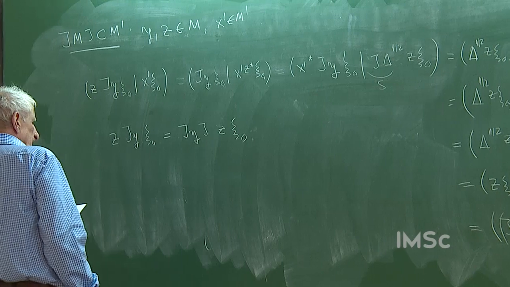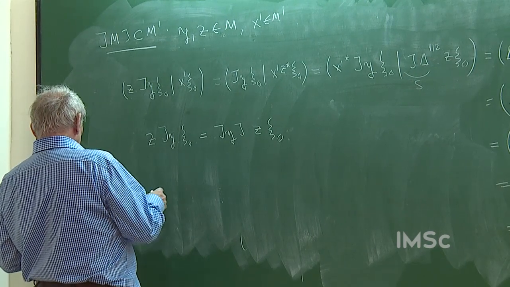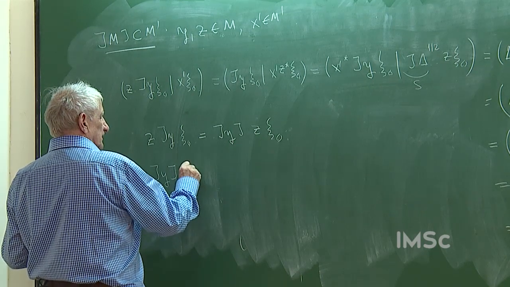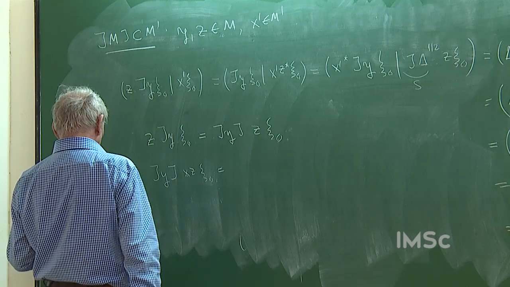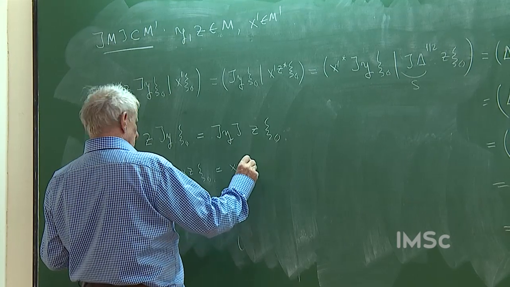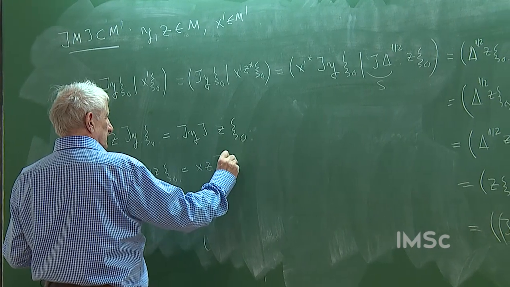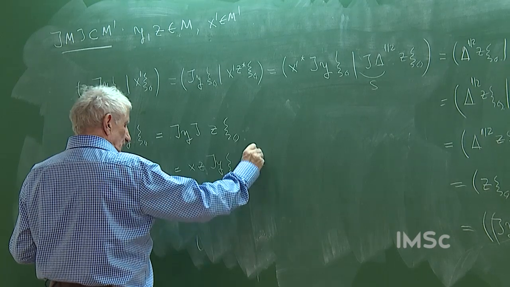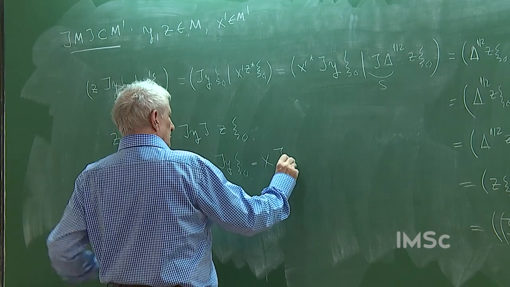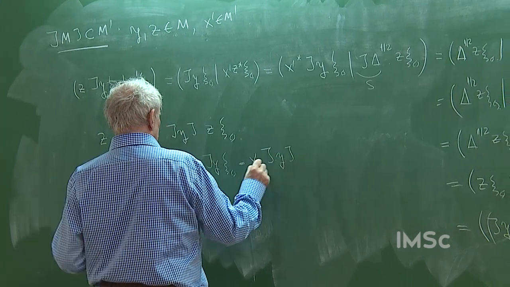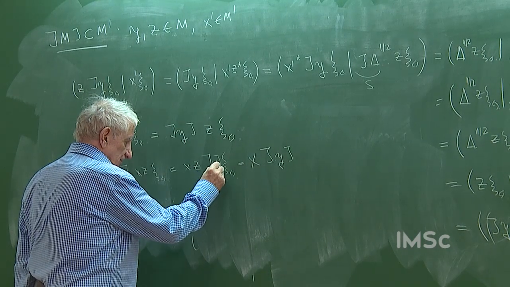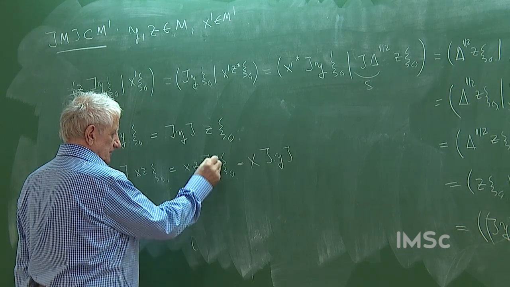Fine. And now the same trick. You put J Y J of X Z psi naught equal to X Z J Y psi naught. It's equal to X times J Y J Z. You see, J Y J, it's this one. J of psi naught is psi naught.